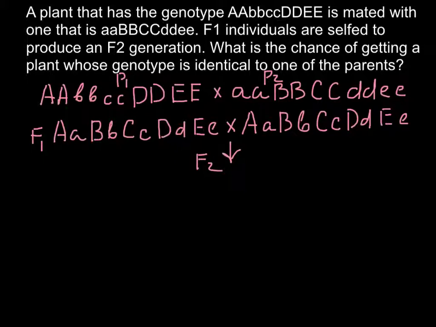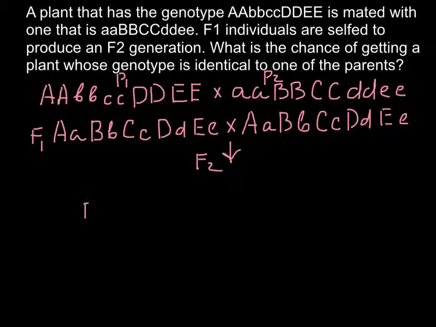It's very easy. As you see, once again we have to work with each allelic pair separately, and this is allelic pair 1, so we have to cross with this allelic pair. And let's take a look at the probability of different genotypes that we can get from such a cross.